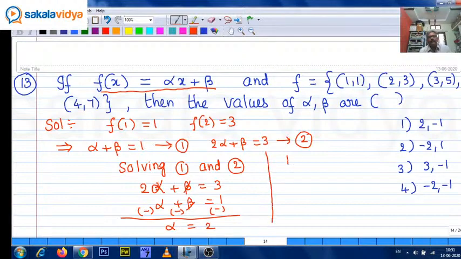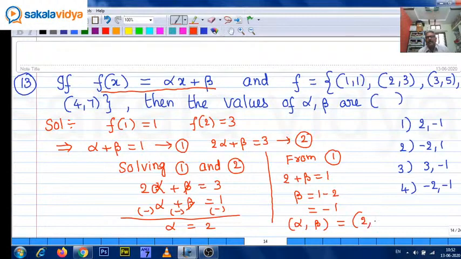Now from 1, substituting alpha equal to 2 in equation 1, you get 2 plus beta equals 1. So beta equals 1 minus 2, whose value is minus 1. That means alpha comma beta equals 2 comma minus 1. So that's why the first option is the right option. 2 comma minus 1 is the first option. Am I correct now?